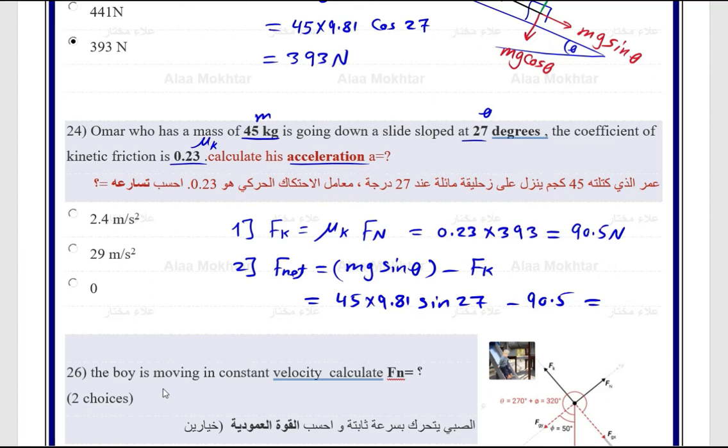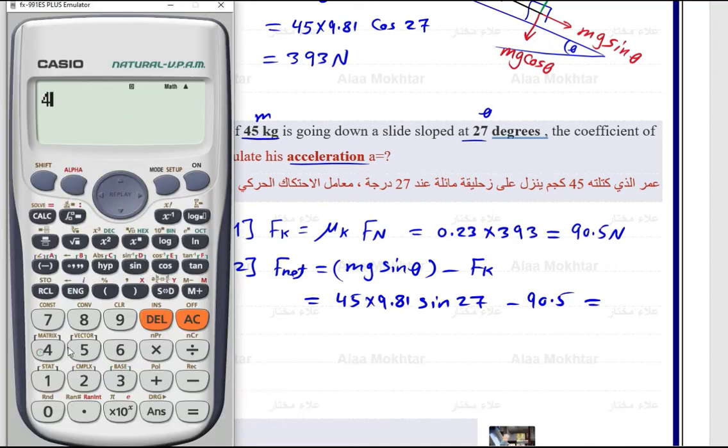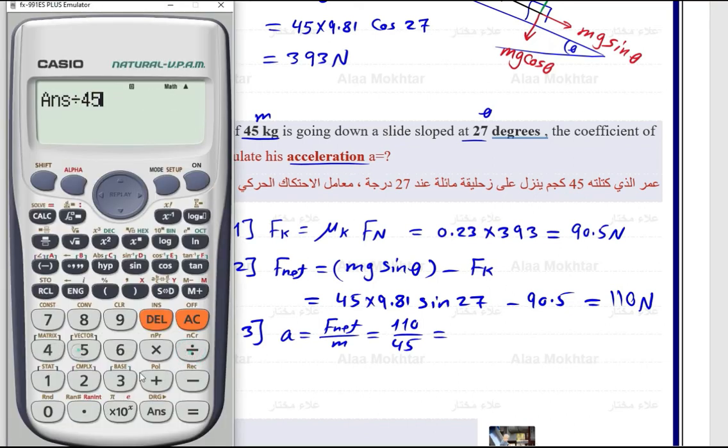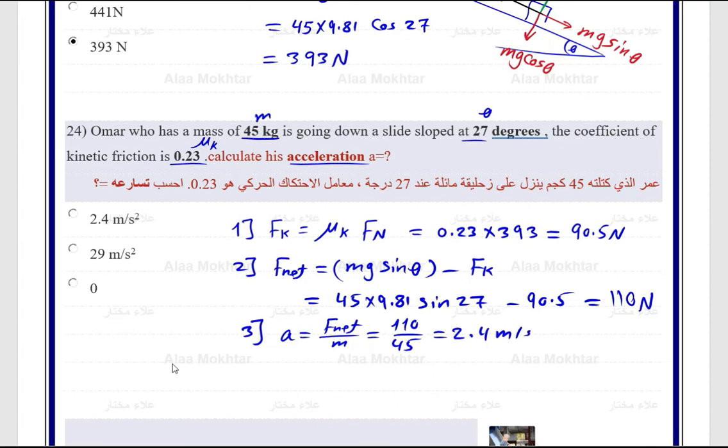Using the calculator, 45 times 9.81 sine 27 minus ans equals 109.9, about 110 Newton. The third step, acceleration equals F net over mass, 110 divided by 45, the answer 2.4 meters per second squared.